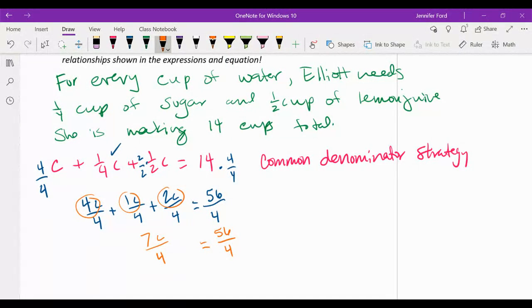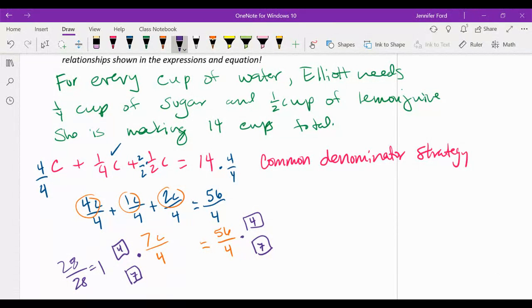All right. There's a couple of things you can do here. I'm showing this way because it's the one people are struggling with the most, so I'll give us another practice. My goal is to get to 1C. If I multiply by 4/7, I have to do the same thing on both sides. 4 times 7 is 28. 7 times 4 is 28.